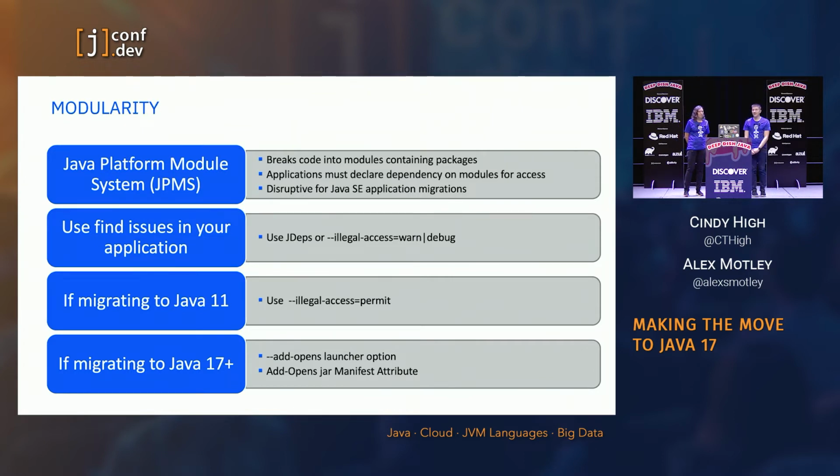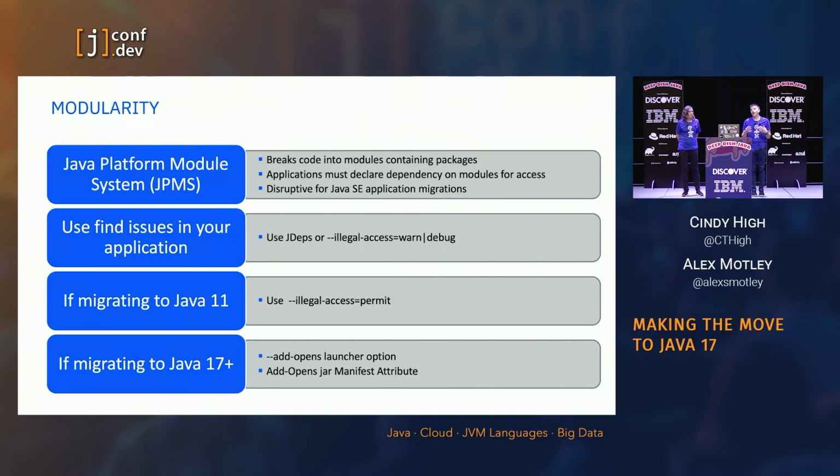However, in later versions they initially changed the default so that by default illegal access was not permitted, and then they removed it entirely. So if you're moving to Java 17, you no longer have the option of using the kill switch to get around the modularity changes that have gone in.